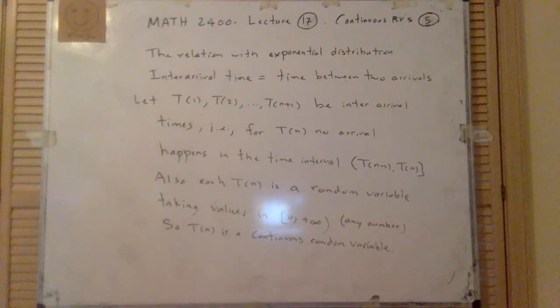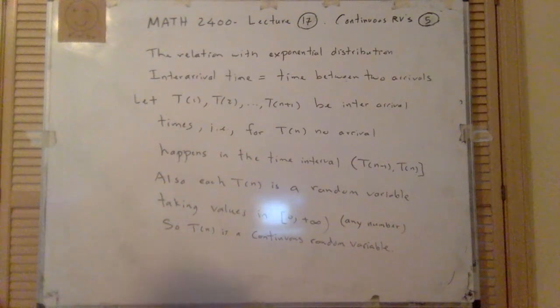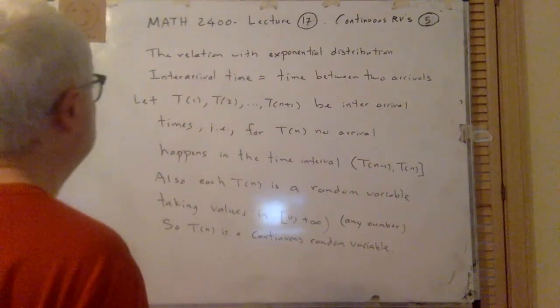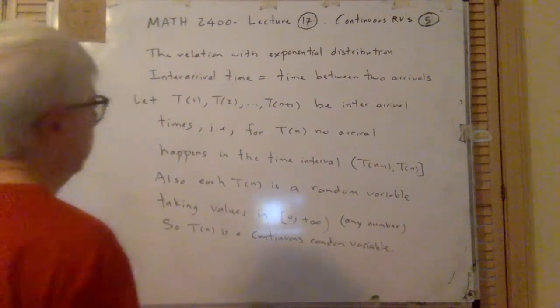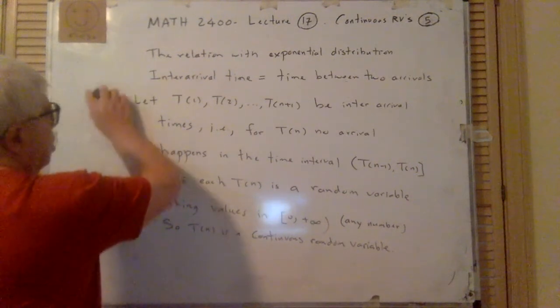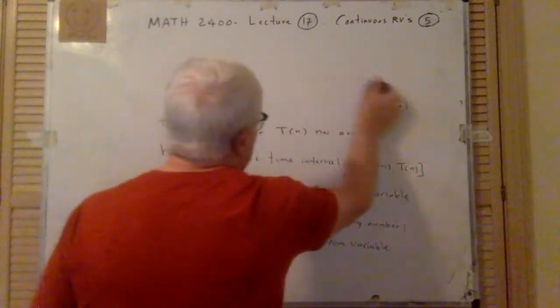So let's find its PDF or CDF, then by looking at that we can tell what kind of random variable it is. And I have a reason that I wrote Tn plus 1, so let's find it for Tn plus 1 and see what distribution it has.